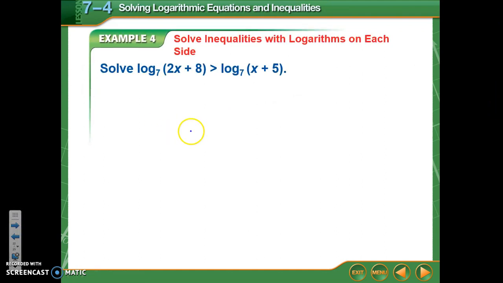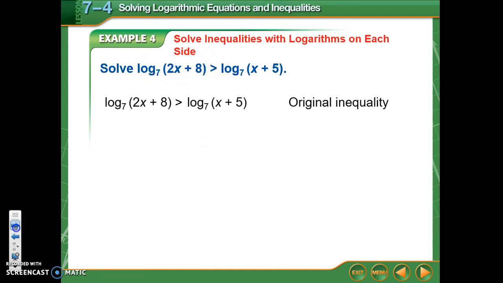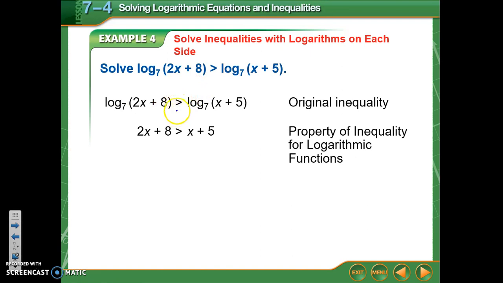So if we take a look at that in this situation, log base 7 of the quantity 2x plus 8 is greater than log base 7 of the quantity x plus 5. That inequality relationship, because I have one logarithm base 7 on both sides, has to be maintained. So 2x plus 8 has to be greater than x plus 5. And then, of course, we solve.